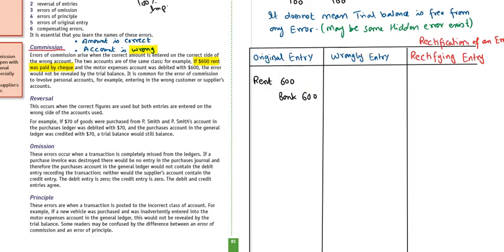And what did we do wrong? Instead of the rent account, the motor expense account was debited with 600. You can see the amount is correct, 600 debit, 600 debit. But the account is wrong.